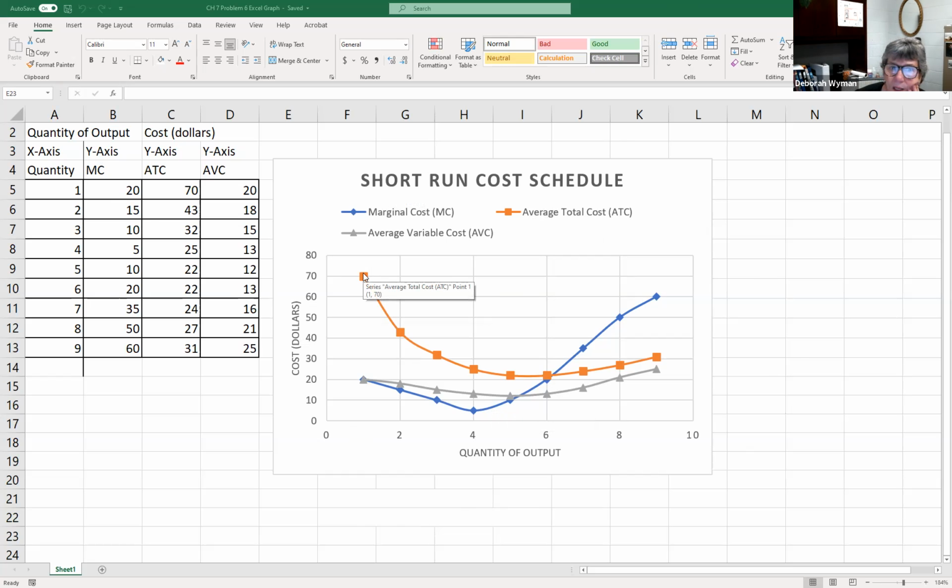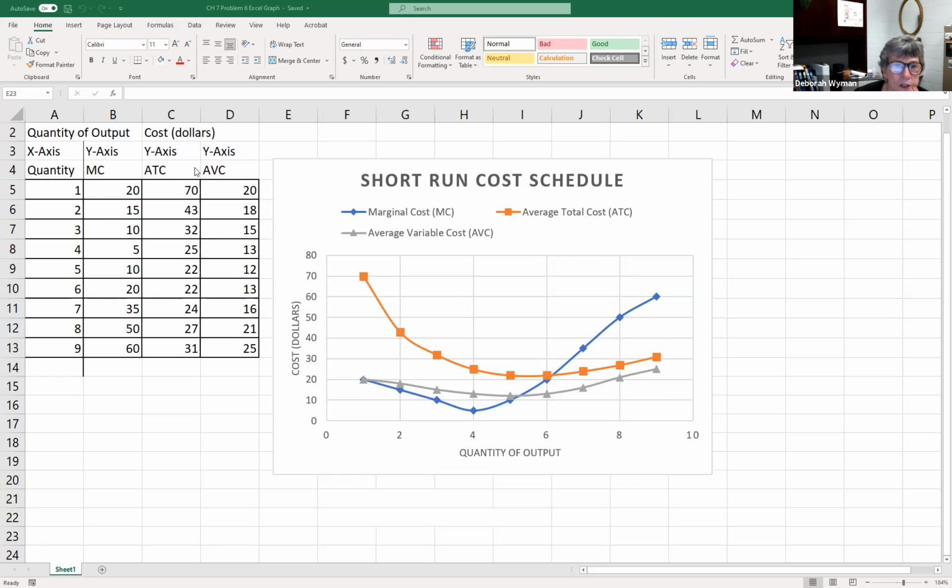If you're only making one, it's costing you $70 to make one item. So you want to see where's my good point. Where the things average out, that's going to be your average cost.